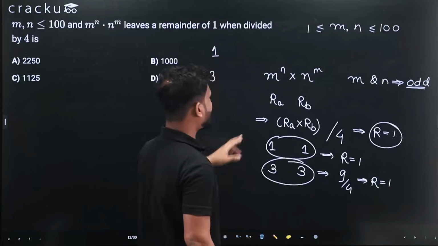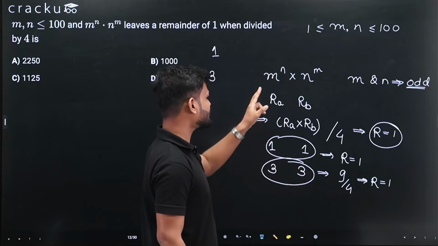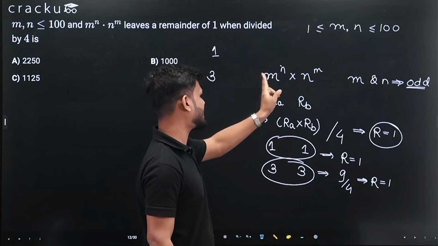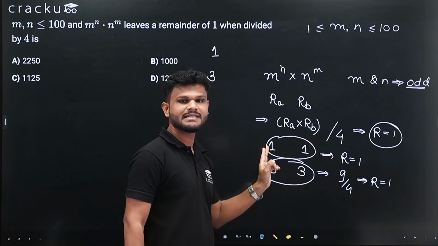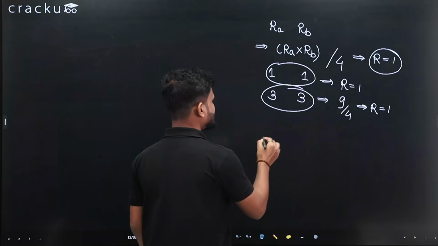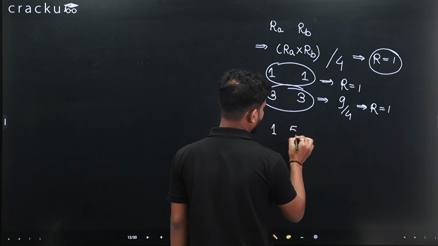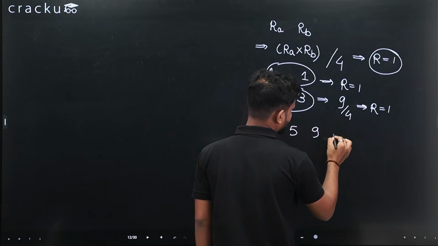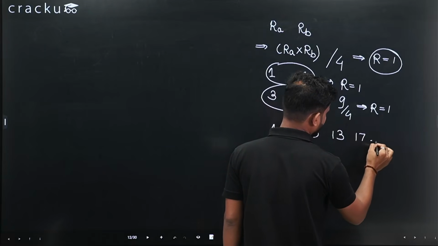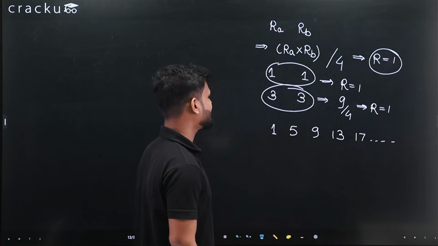So forget about this power, we want m such that the remainder is 1. What are those numbers? They can be 1, 5, 9, 13, 17 and so on, right?